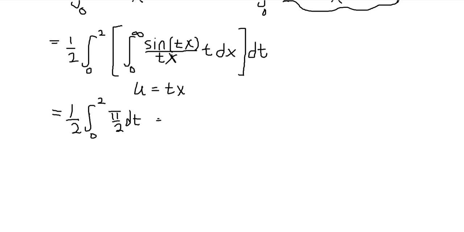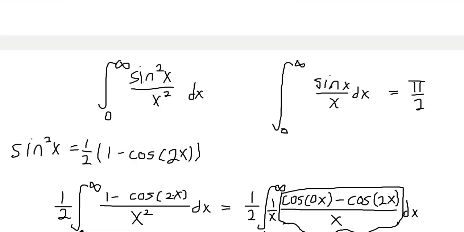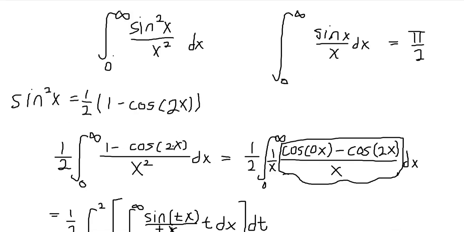So I get 2 times 1/2, which cancel each other out, and essentially we're just left with pi over 2. And that is the answer to this integral. The integral from 0 to infinity of sine squared x over x squared is equal to the integral from 0 to infinity of sine x over x, which is equal to pi over 2.